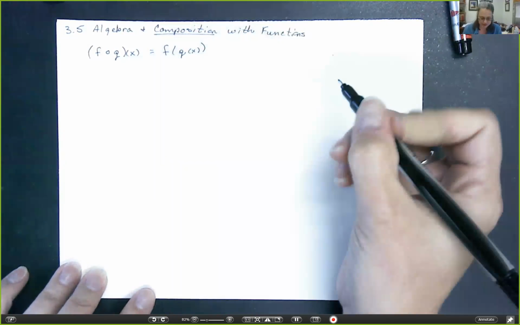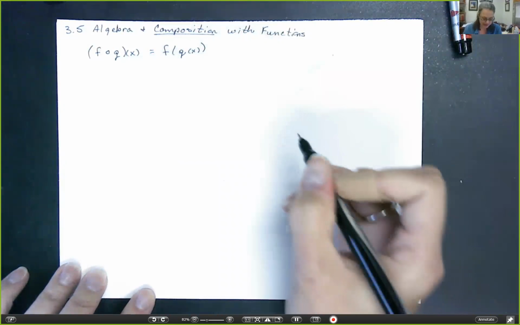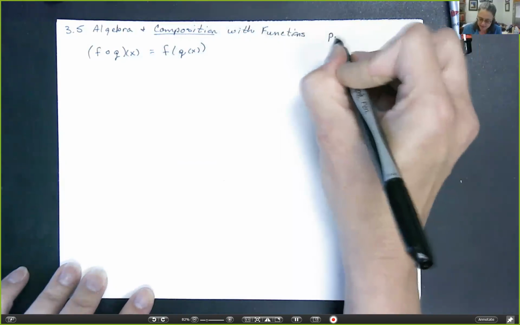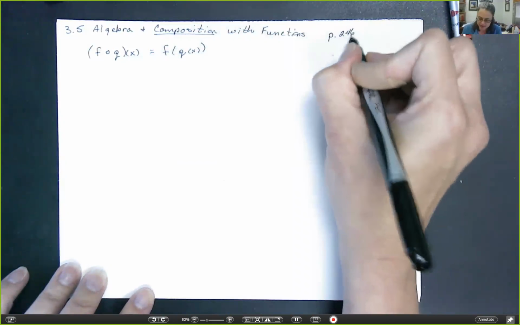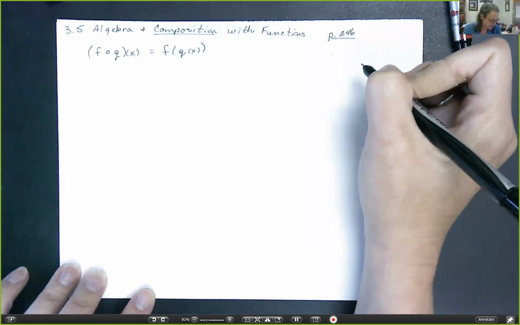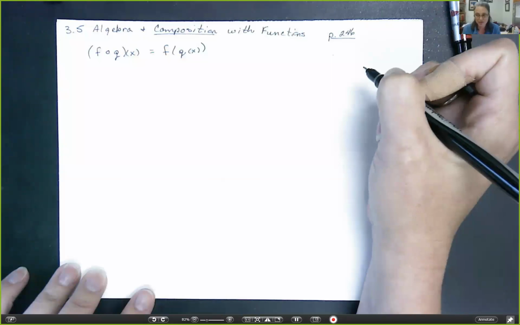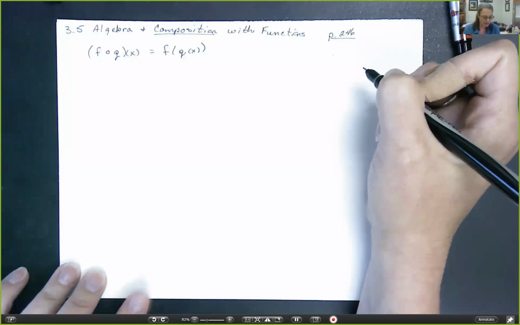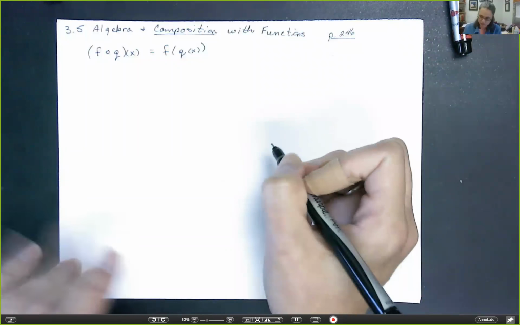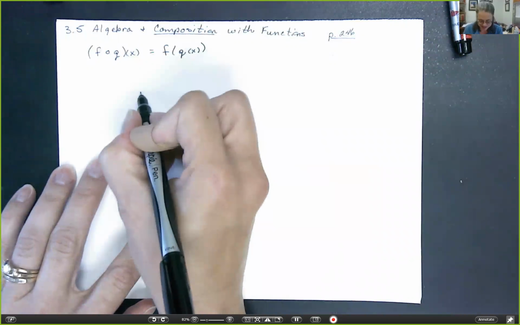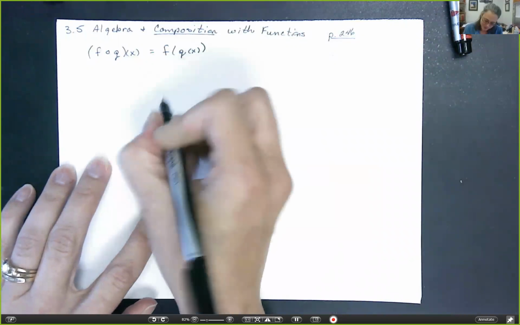Sometimes it helps to think of this a little differently. Your textbook on page 246 has a pretty nice set of graphics where they talk about functions as machines of mathematics. You'll have to forgive me, my machines aren't nearly as nice as the ones in the text.